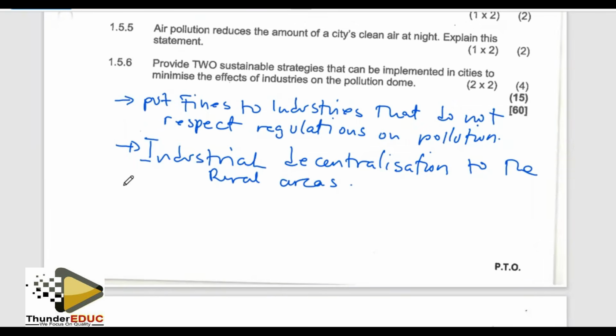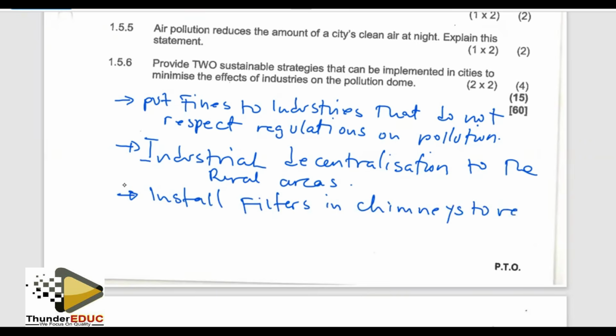Technology. Install filters in chimneys to reduce pollutants as well.